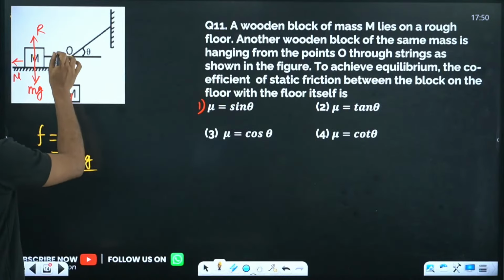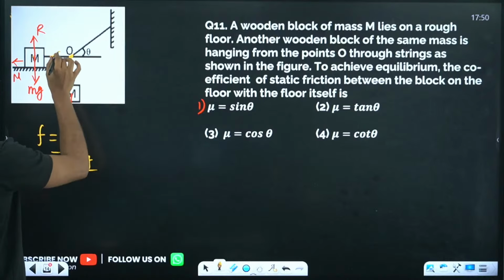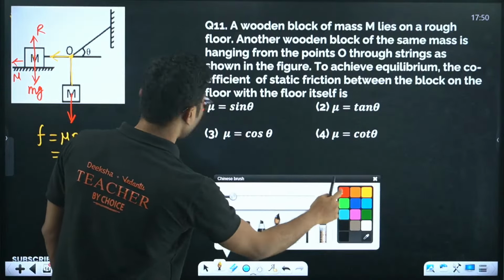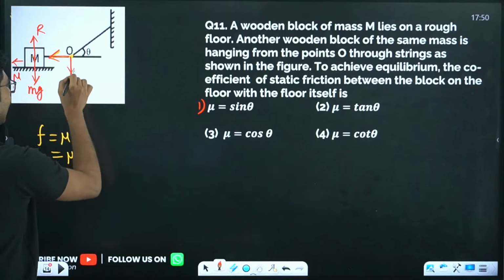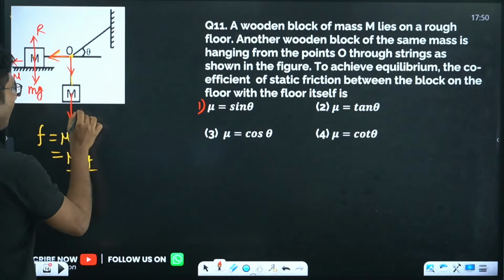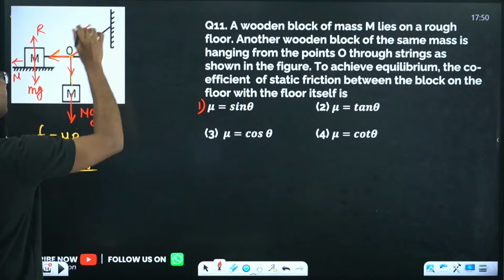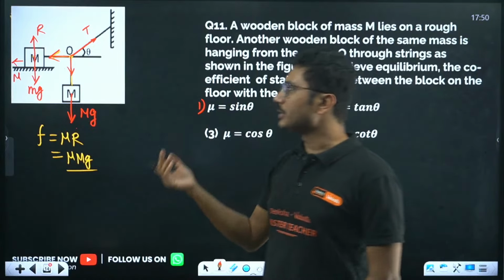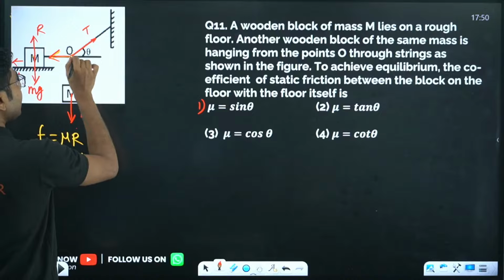Now this force is acting in this direction. At this point O, what are all the forces acting? One force is acting in this direction, one in this direction, and one in this direction, that is mg. There is a tension force acting on this wire. Now you can use Lami's theorem if you know. If you don't know, you have to take the components of this tension.